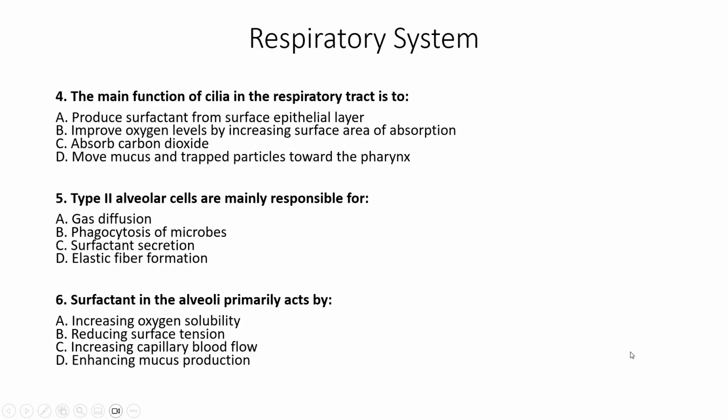So if you lower the surface tension, you are reducing how much the water is attracted to other water molecules and preventing the likelihood of alveoli collapsing. Okay, so that's why it's really important for these cells to properly secrete surfactant and prevent collapse of the alveoli. That's the physics behind it.